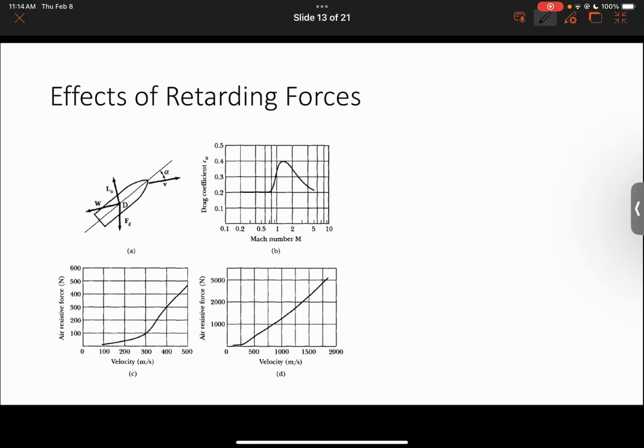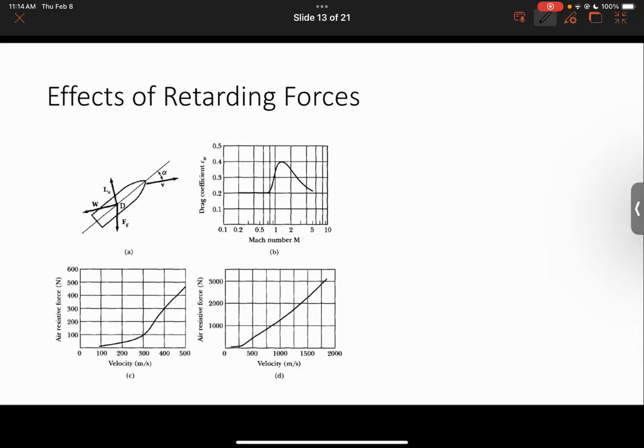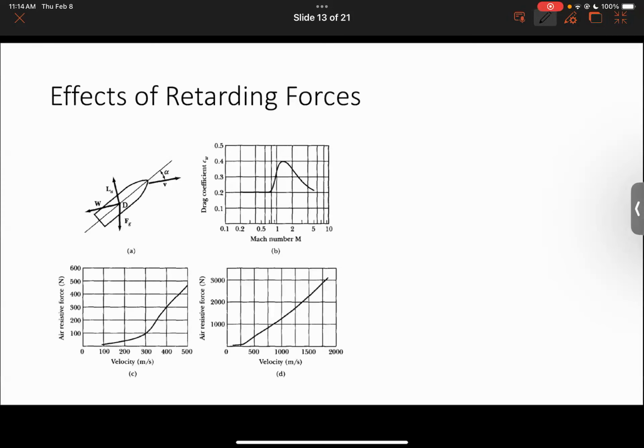Ang idea sa retarding force is, if it's a projectile motion, ang retarding force na kino-consider natin dito ay air resistance, di ba? So air resistance yung tinitignan natin.